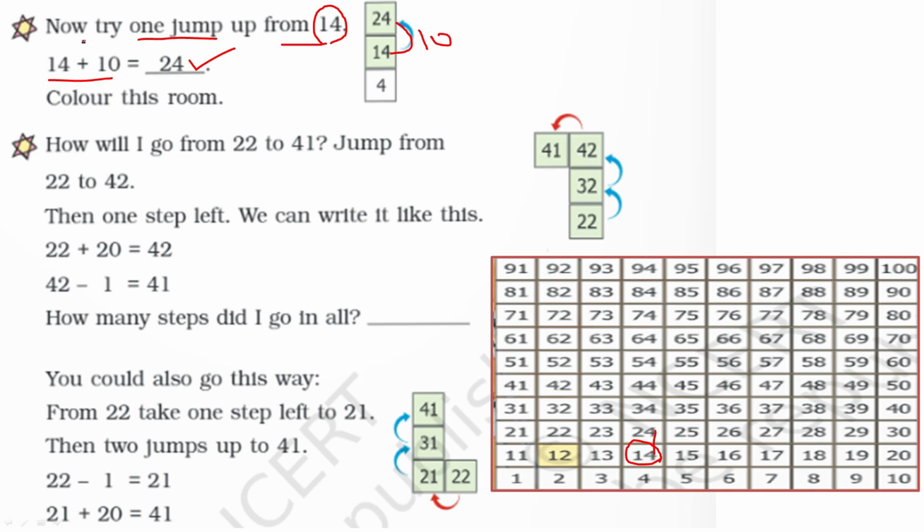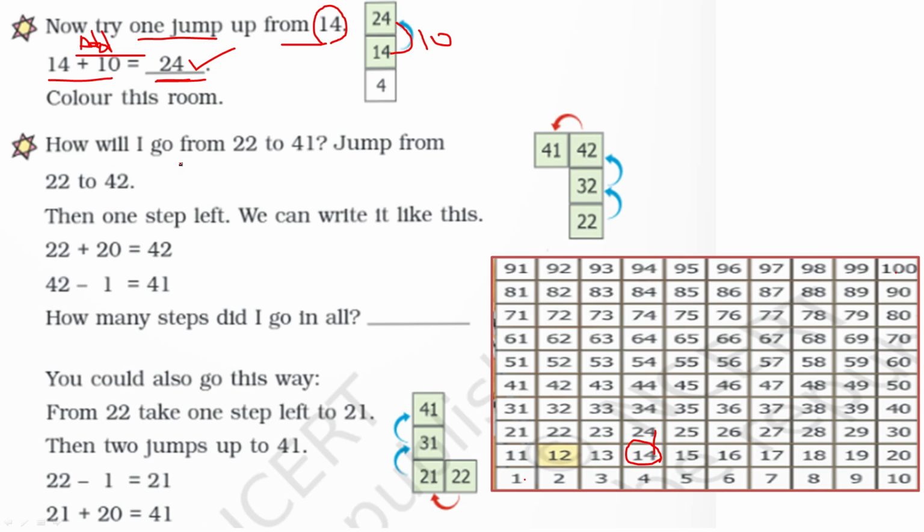This is adding, add symbol, addition, we can say addition. So 14 plus 10, the answer is 24. So using the grid, this is called a number grid or homes. From 1 to 100 rooms are there, so it will help you to add easily.